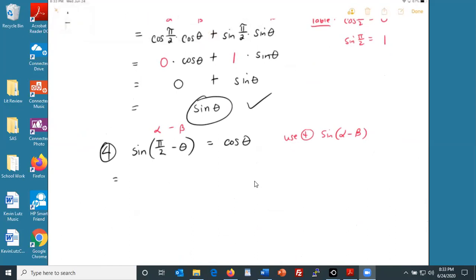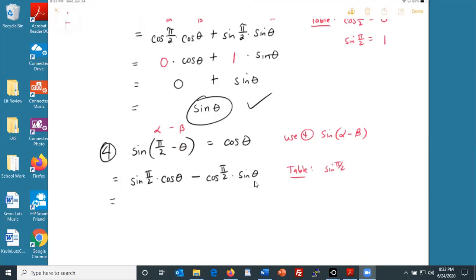And that will first expand out as the sine of alpha times the cosine of beta minus the cosine of alpha times the sine of beta. And then from the table, we can fill in two values for the sine of pi over 2.